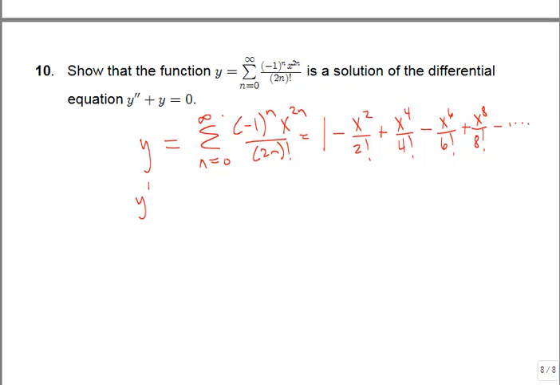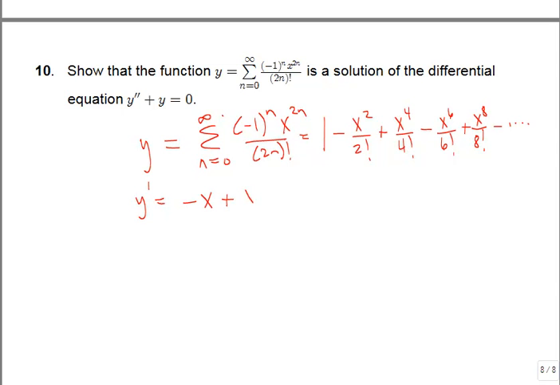So y prime is going to be the derivative of that. Now, on this one, I think it's easiest to just look in terms of the terms here, not even bother with the summation notation. If you take the derivative going term by term, the first one is going to go to 0. When I bring down the 2, it'll cancel out the 2 in the bottom, just giving me a minus x. When I bring down the 4 here, it'll cancel out the 4, but I'll still have 3 2 1 or 3 factorial in the bottom.